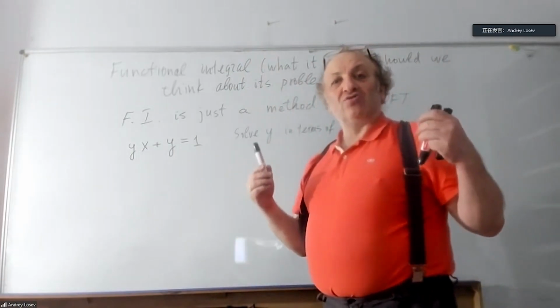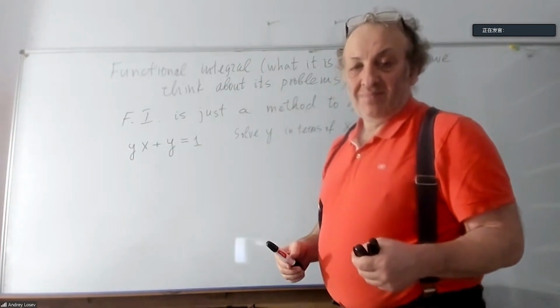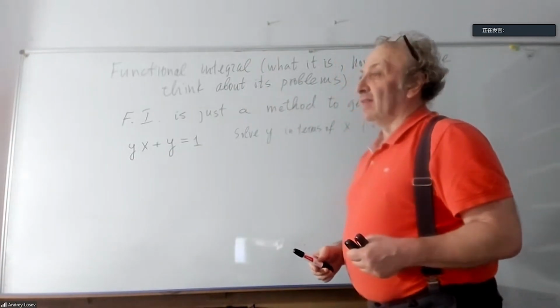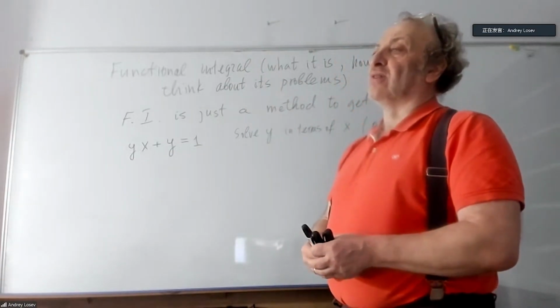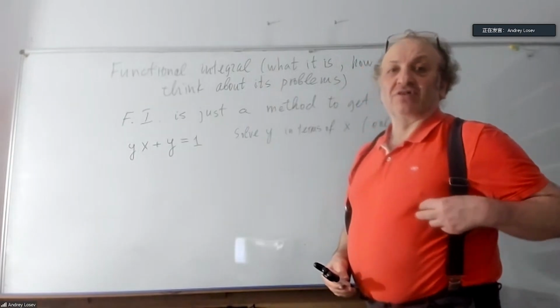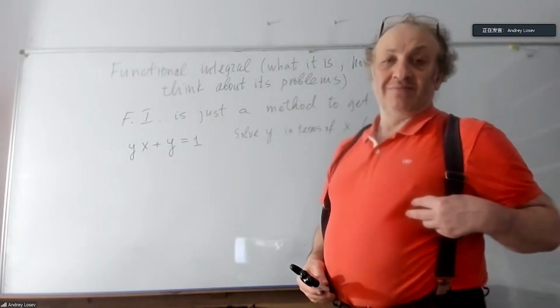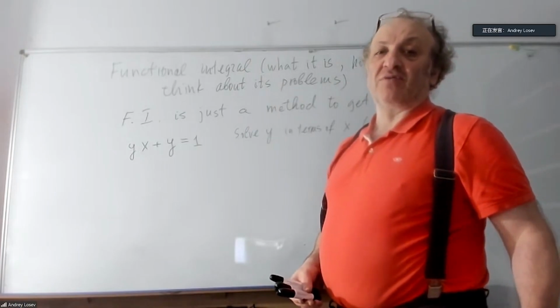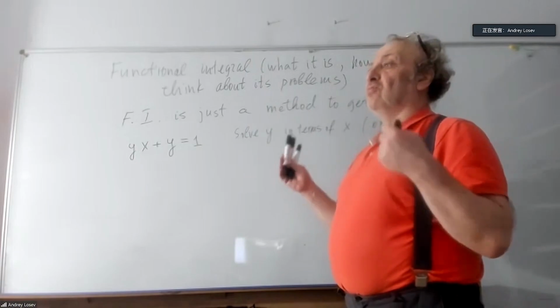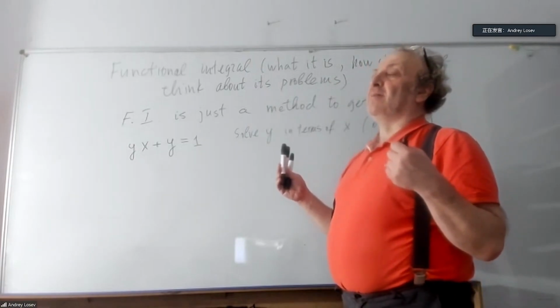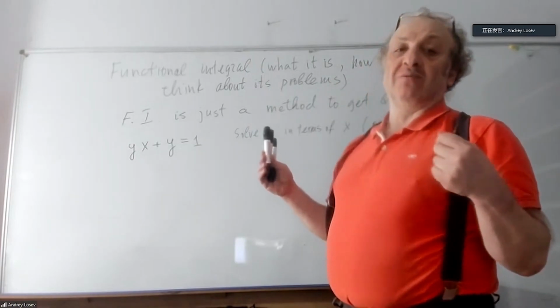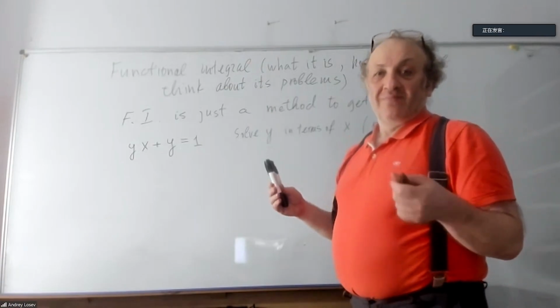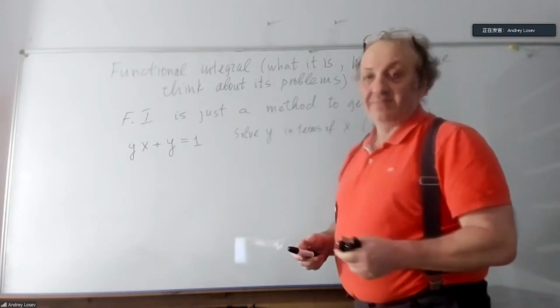So what should I do? Let me try to look at something that is close to polynomials. And these are formal series. Okay? So let me come back to the time of Newton. Series.